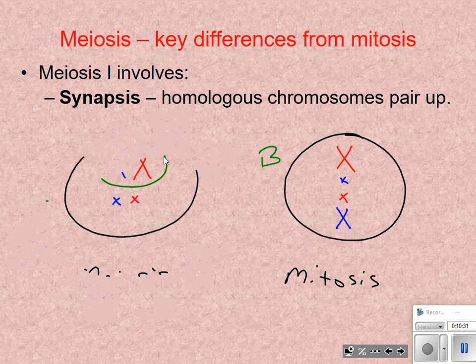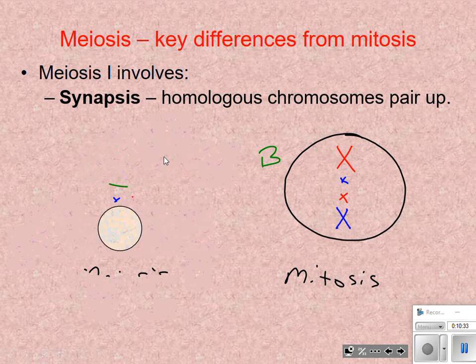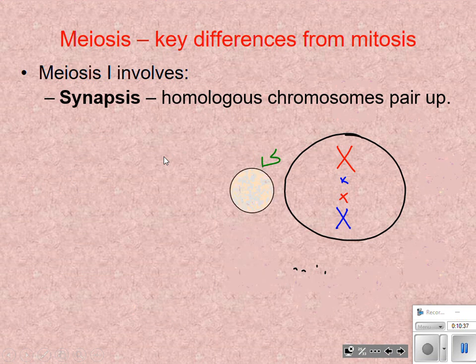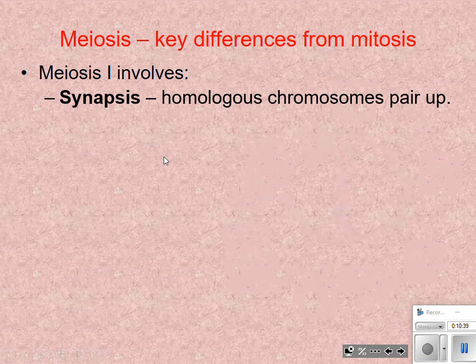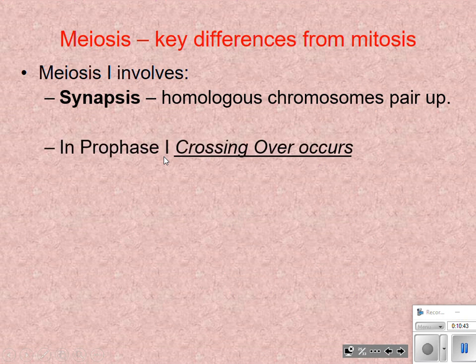All right, let me get this off of my slide because I'm going to fill up other things on the slide. So one thing, synapsis. Second thing, we already talked about this one today.